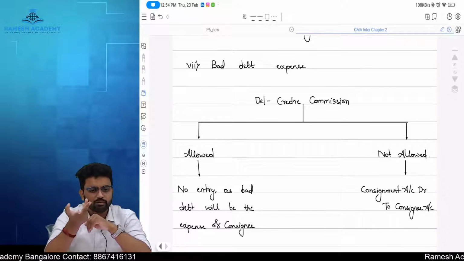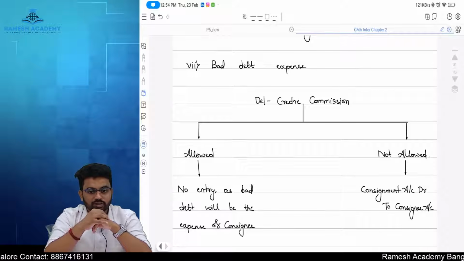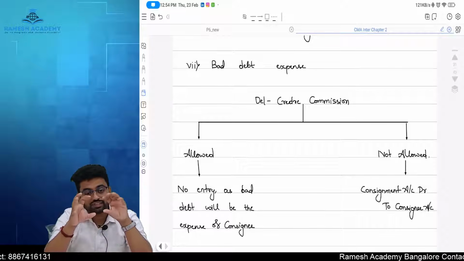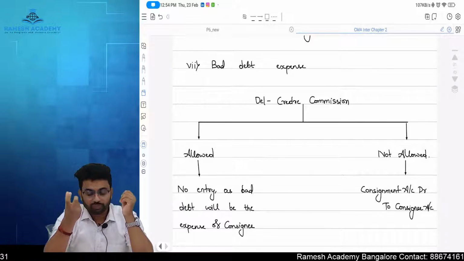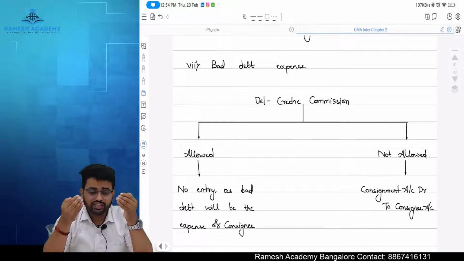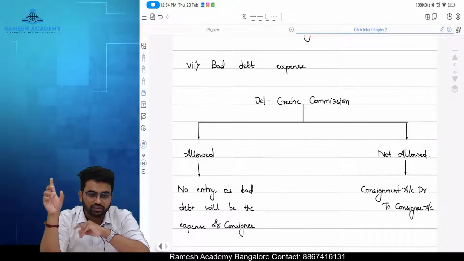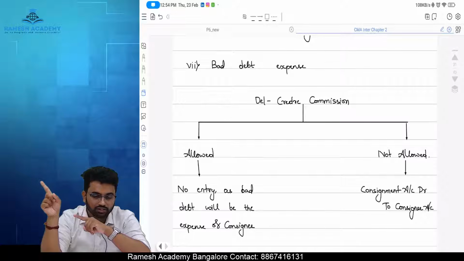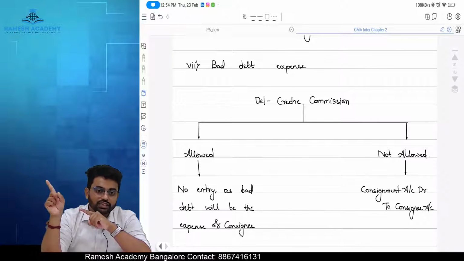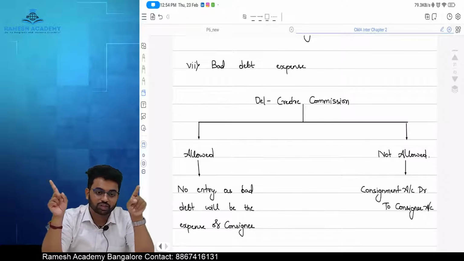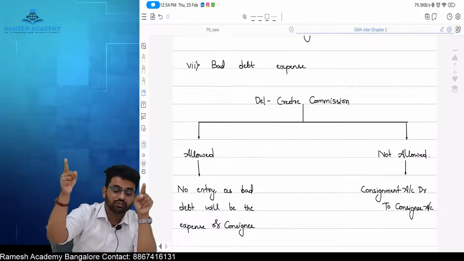What will be the entry? The normal expense entry: consignment account debit to consignee account, because the consignee will not be collecting so much money. For example, the consignee sold goods worth 1 lakh rupees, so we debited his account for 1 lakh rupees. But now he is collecting only 90,000 rupees, and 10,000 is a bad debt, which means we now have to credit his account.